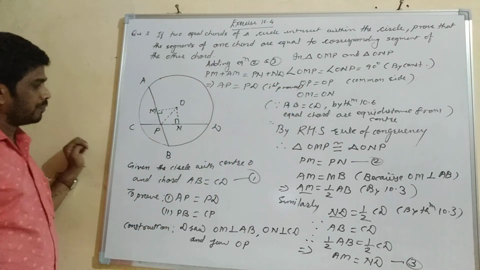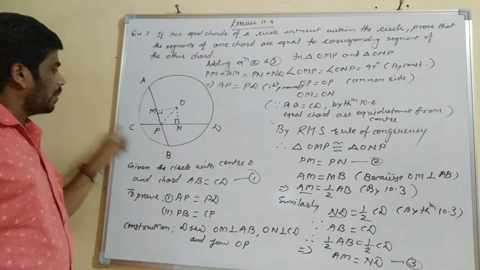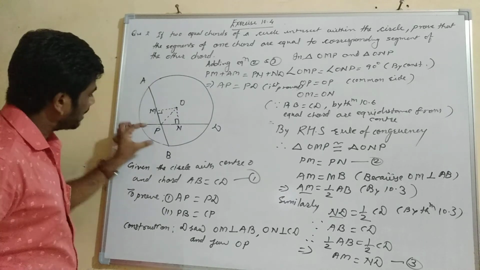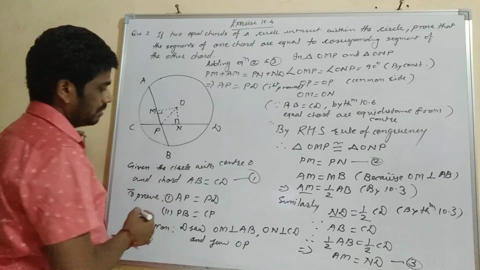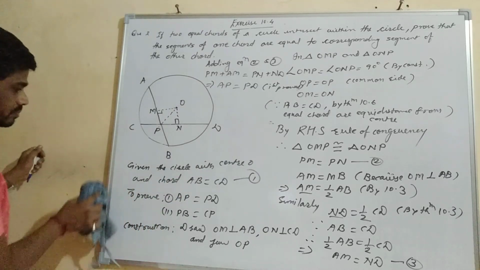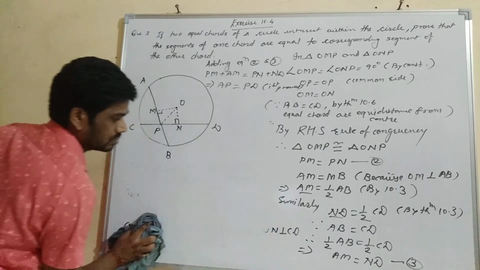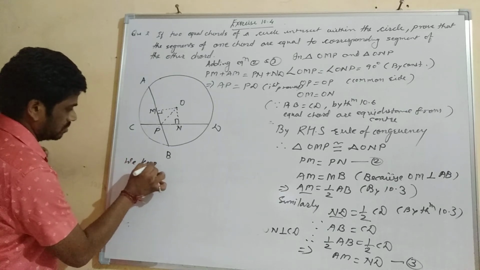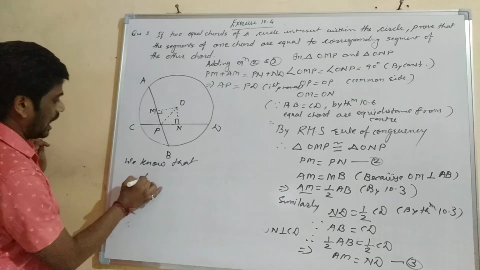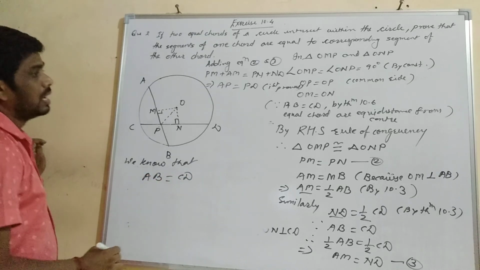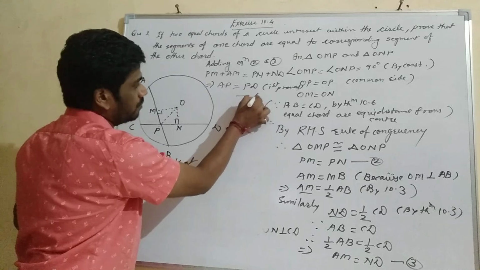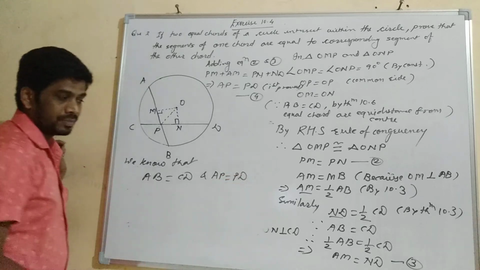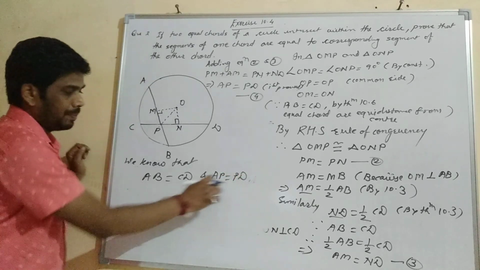Okay. Now the second proof. We know that AB equal to CD, and AP equal to PD also. This is equation 4. So if we do AB minus AP, that will be PB.